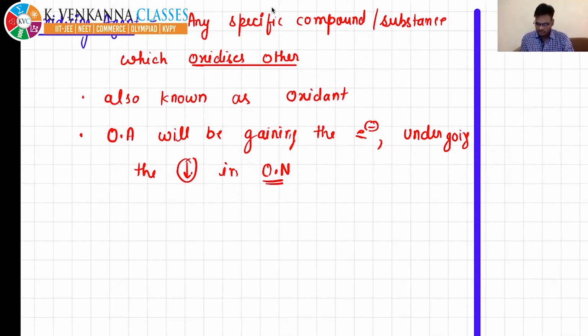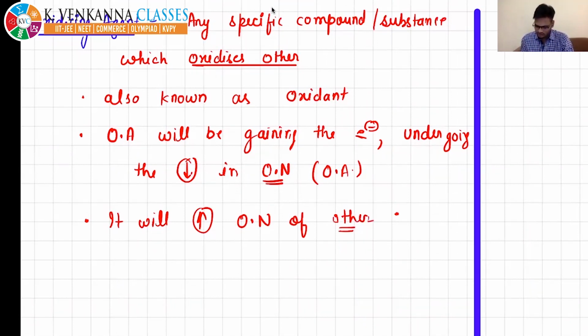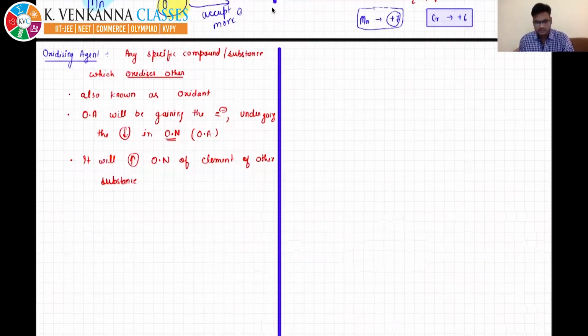So decreasing oxidation number for the oxidizing agent, but it will increase the oxidation number of an element of another substance. So this is the oxidizing agent, right?